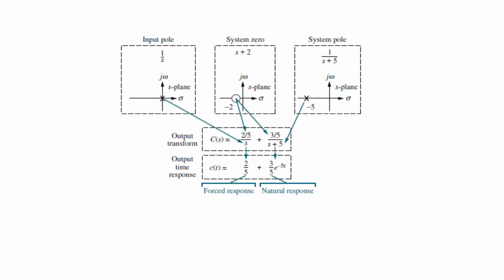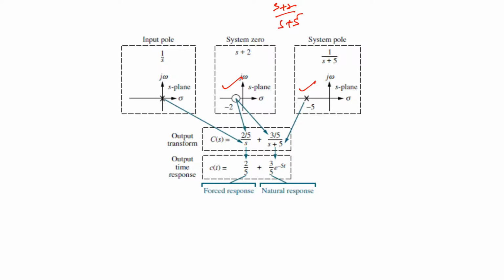Now previously we have discussed a pole and a zero. The pole in this case is s equals minus 5 that we have plotted in the previous diagram, and the zero in this case is s plus 2, which is here.